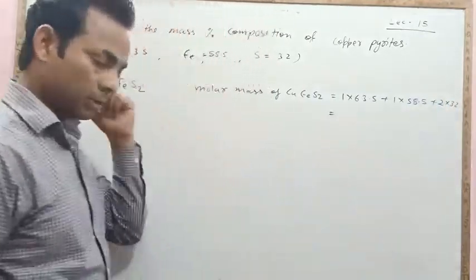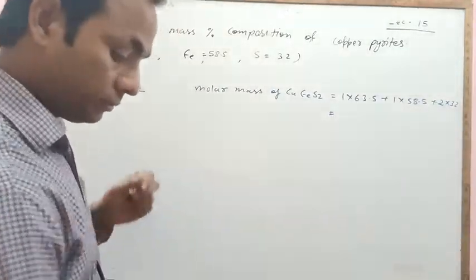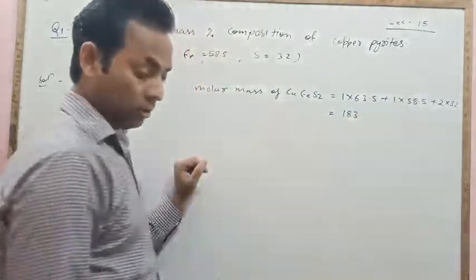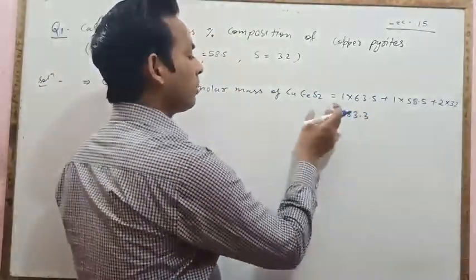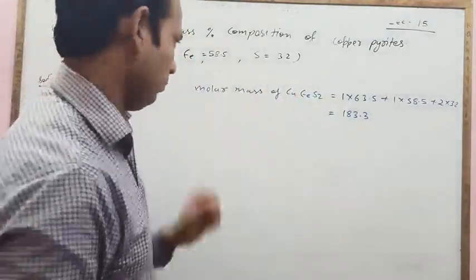After calculation we get 183.3. This is the complete molar mass of copper pyrite, meaning CuFeS2.